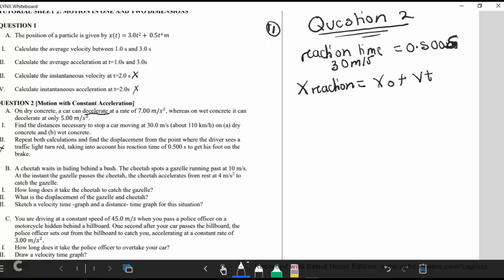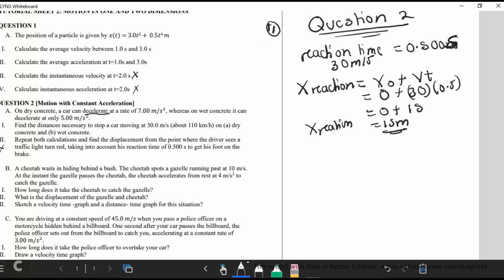Here the initial displacement is 0, plus the velocity, that is 30, then the time was 0.5, such that 0 plus 15, then to be 15 meters. So this is the displacement for the reaction.